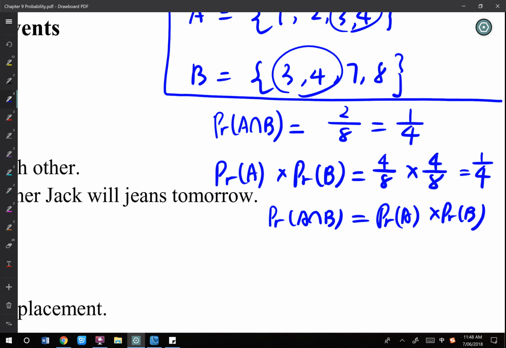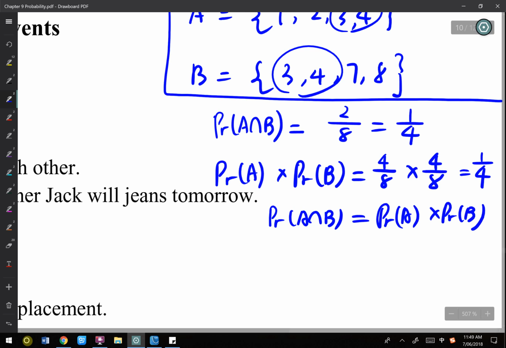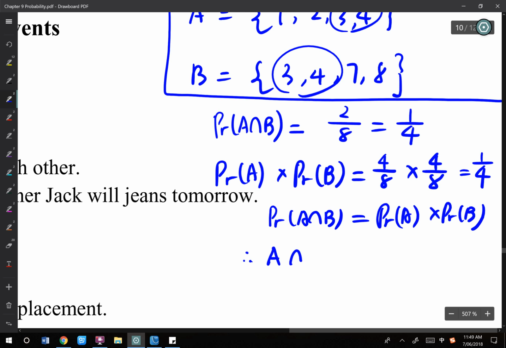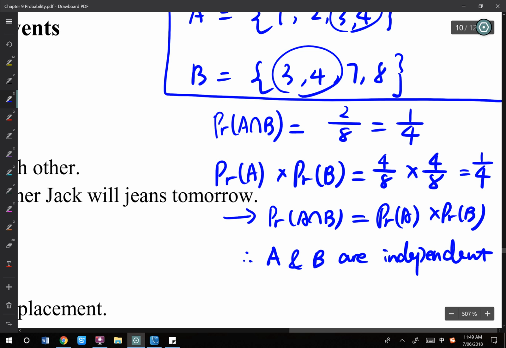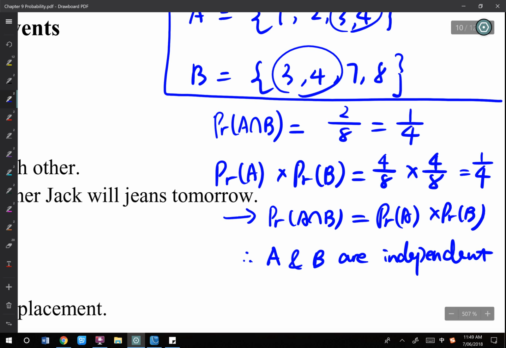When that's true, you know that's independent. So you will say A and B are independent. Your conclusion step is at the end, not at the front.